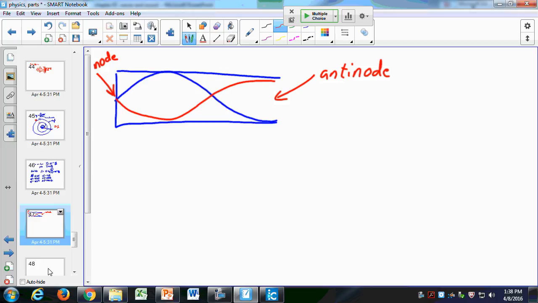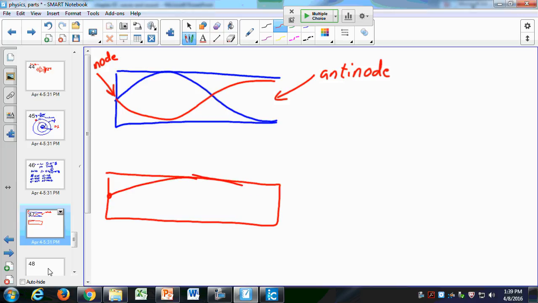If you have, say, a box that's closed on both ends, you can't really have sound in that, so typically we would just talk about a string in this case. You get a node on one end and a node on the other end. And then we can also have a box that is open on both ends.